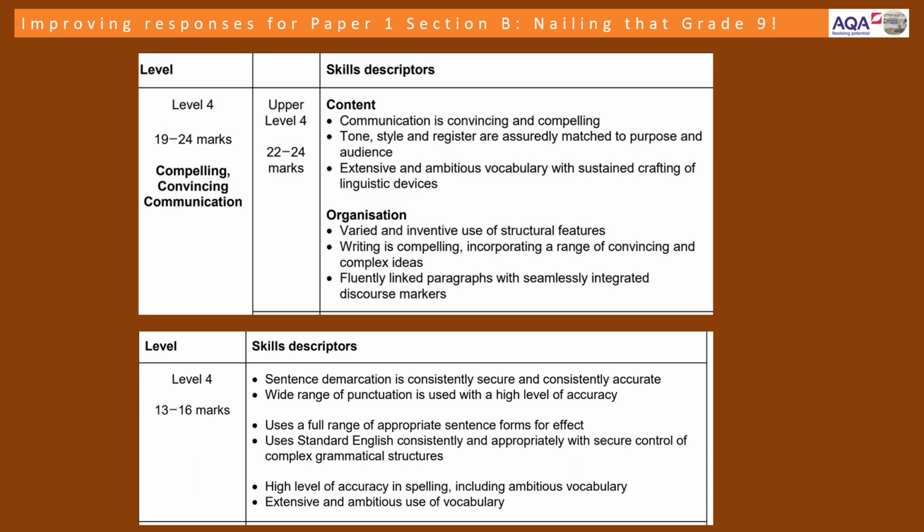For AO6 out of 16 marks, this is about varying sentence structures for effect. So you have a range of sentence lengths and a different starting word for each sentence within an individual paragraph. Your sentences need to be consistently in control with a wide range of punctuation used, i.e. get a question mark, an exclamation mark and a semicolon in there as well as the usual full stops and commas.